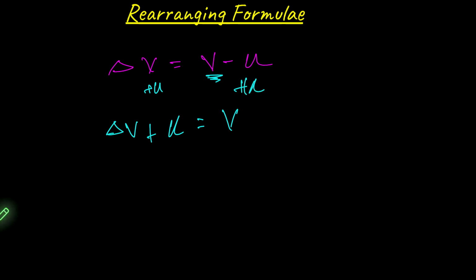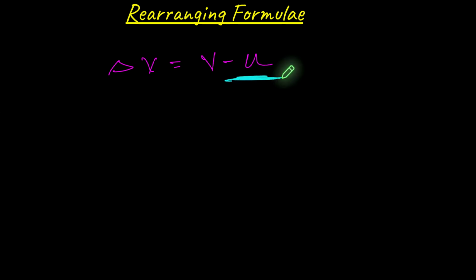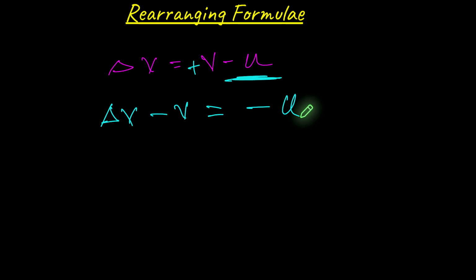Now this one can have a little twist to it, because let's venture this one into some level 2 territory now. So let's say what you needed to make the subject was the initial velocity right there, the u. Then there are actually two things that you need to do here, and there is more than one way to do it. I'll show you the first method. So if you're making initial velocity the subject, then this final velocity, that's what's positive. So the inverse of that is to subtract actually. And what you have is change in velocity minus final velocity, but that will be equal to negative u, or negative initial velocity.